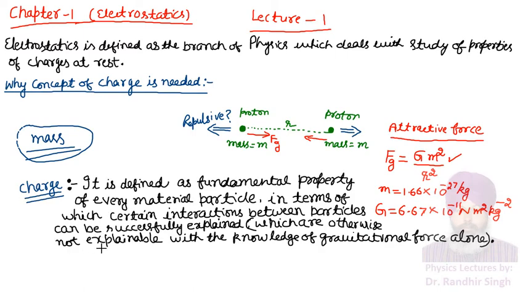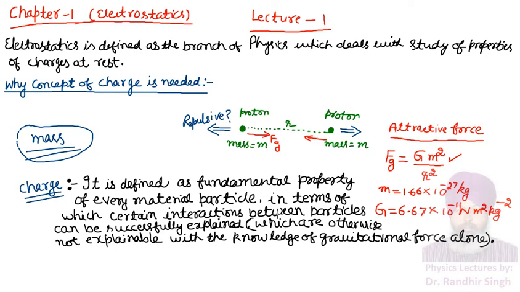You can see here I have given the definition of the charge. It is defined as the fundamental property of every material particle in terms of which certain interactions between the particles can be successfully explained. So you just remember this definition.